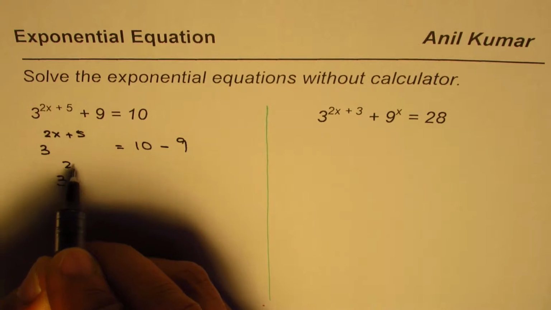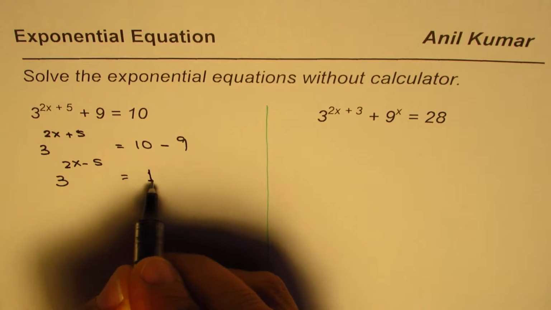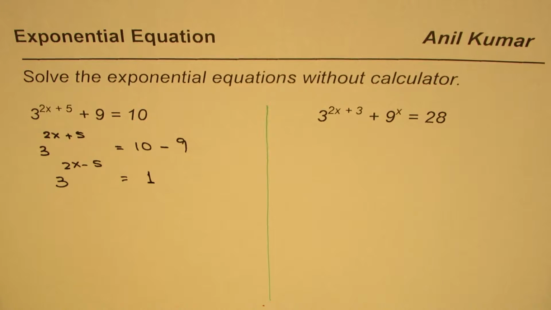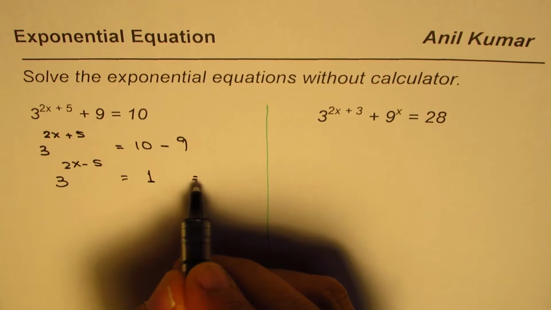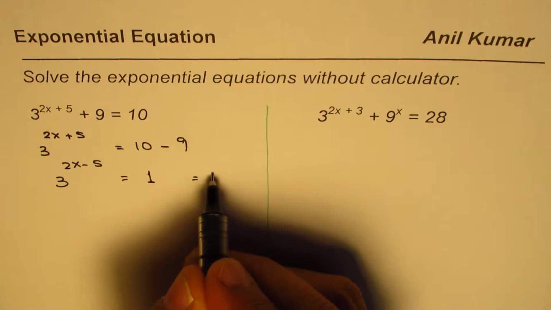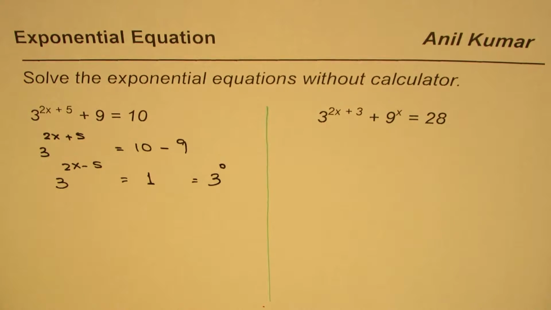We have 3 to the power of 2x plus 5 equals 10 minus 9, which is just 1. Okay, but how does it relate to 3 to the power of something? As you know, 1 is anything to the power of 0. So it could be written as 3 to the power of 0 also. That's the idea, correct?